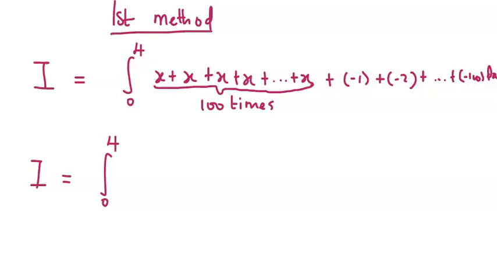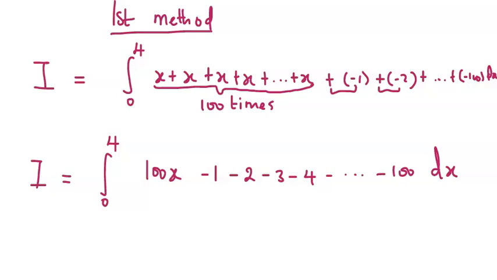Since we have the sum of x up to 100 times, it is the same as 100x, right? And remember, plus times minus is minus, so we're going to have minus 1, minus 2, minus 3, minus 4, and this continues up to minus 100, and then we have our dx.